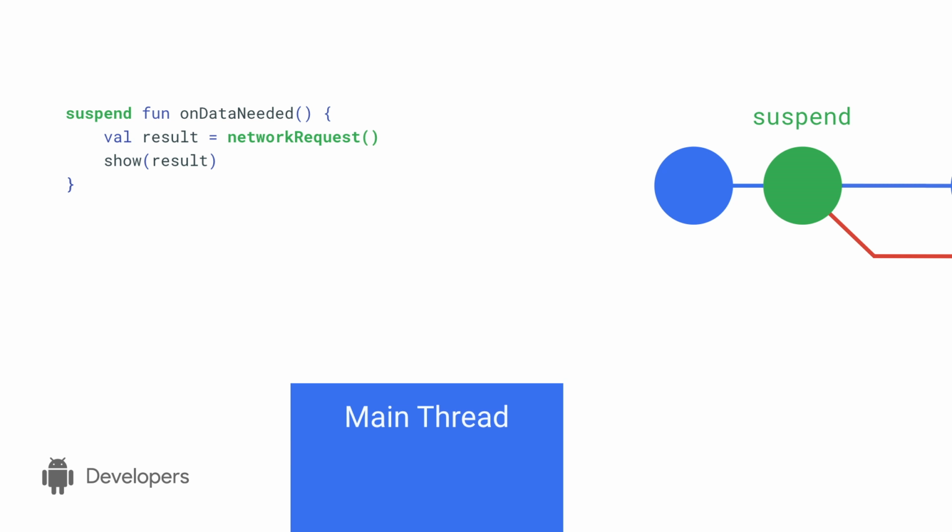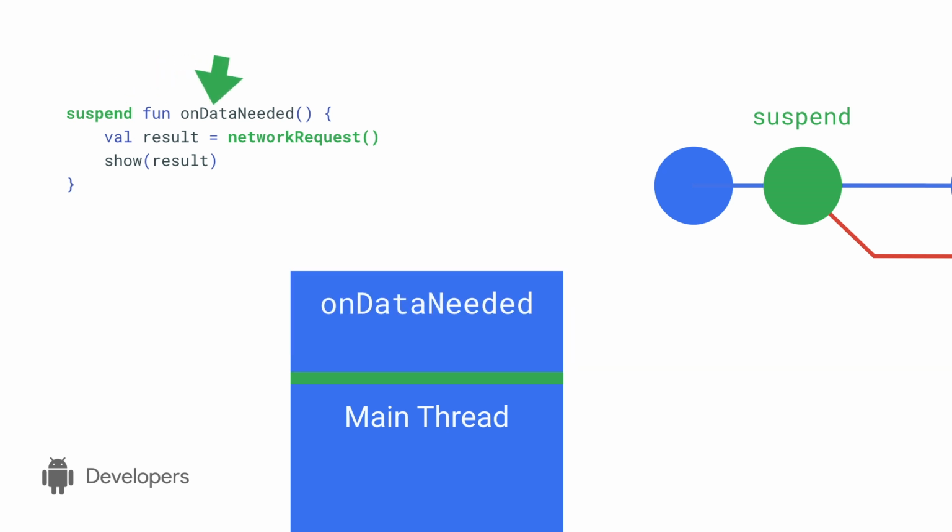When Kotlin executes onDataNeeded, it will execute it a bit differently on the call stack than a normal function. It keeps track of the place it starts the coroutine so that it can implement suspend and resume. Then it will call it just like a normal function, executing each line of code until it reaches a call to another suspend function.